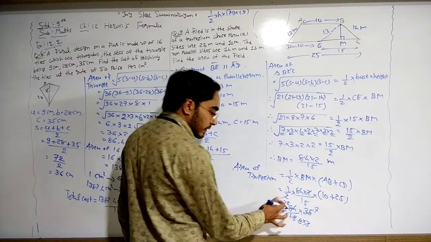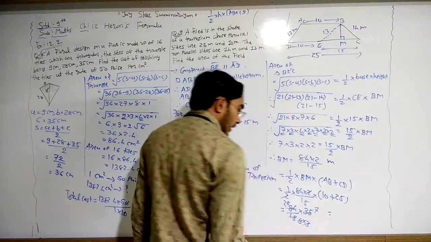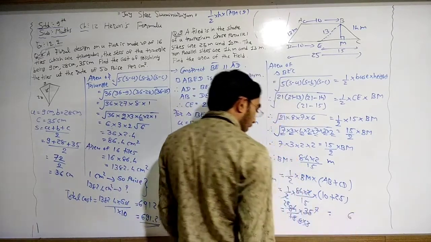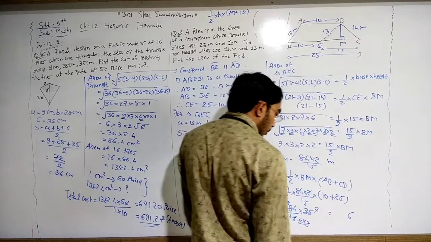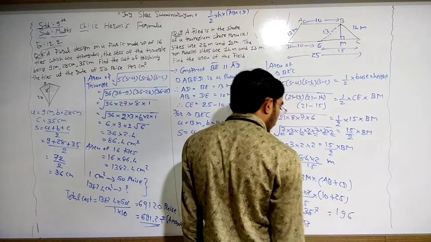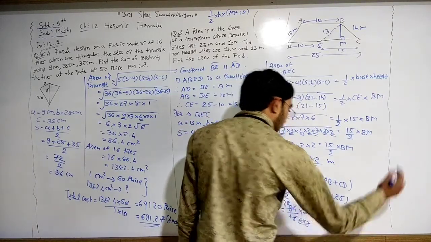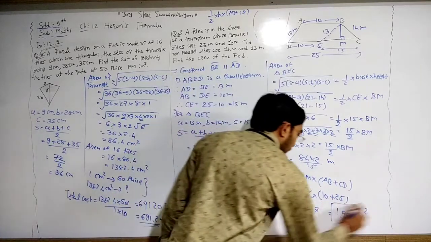So finally 28 multiply 7, 8 7s are 56, remainder 5, 7 2s are 14, plus 5 is 19, so 196 meter square. This is the final answer.